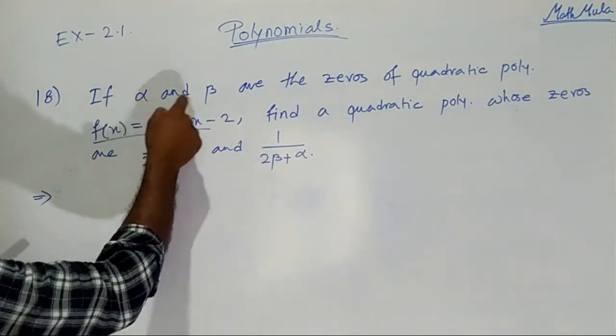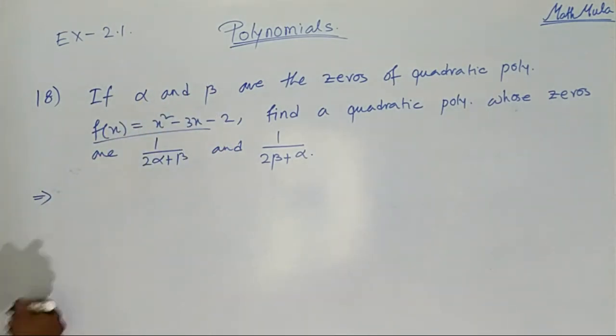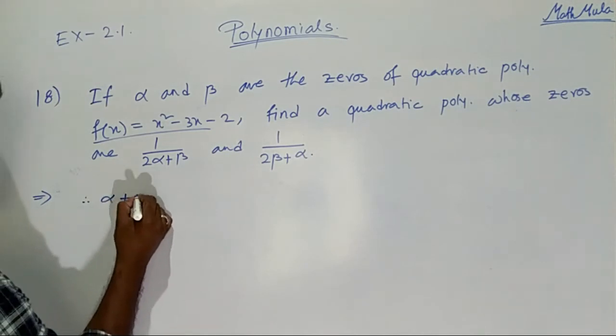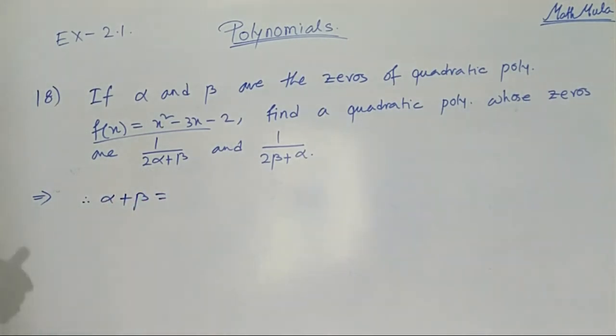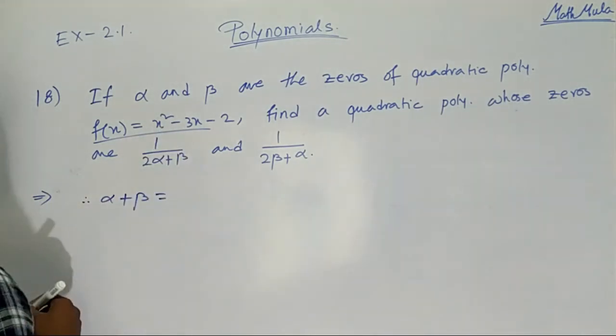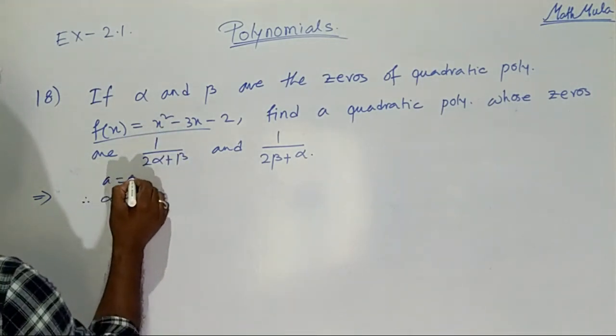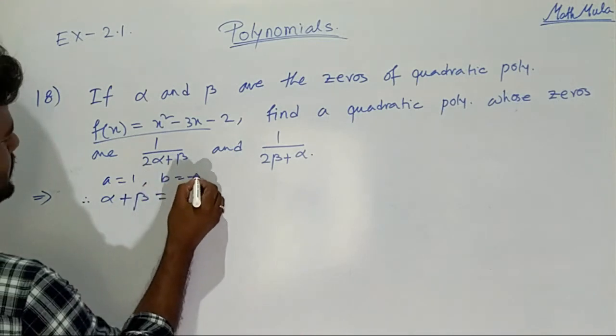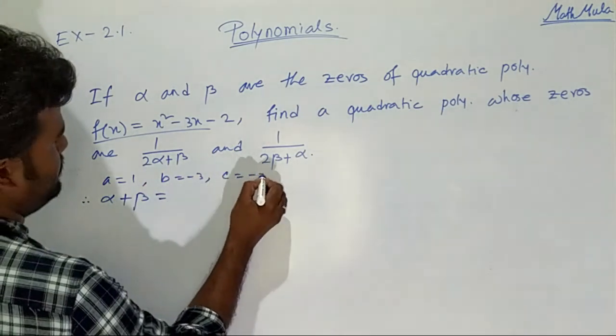The roots are alpha and beta as given, therefore alpha plus beta is equal to minus b by a. Now what is the value of a for this polynomial? That is 1, and b is minus 3 and c is minus 2.